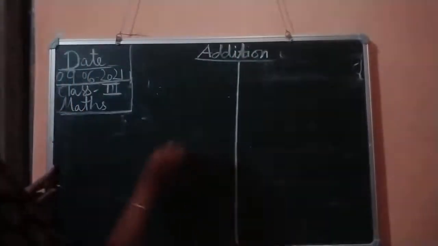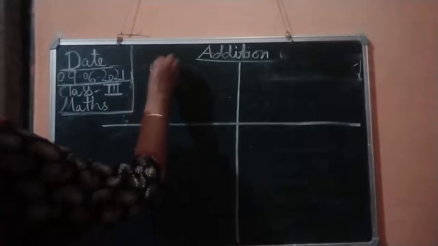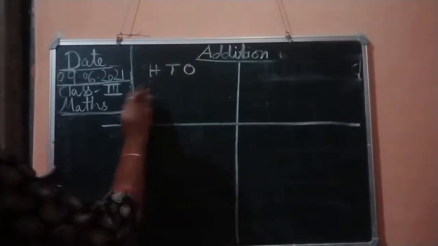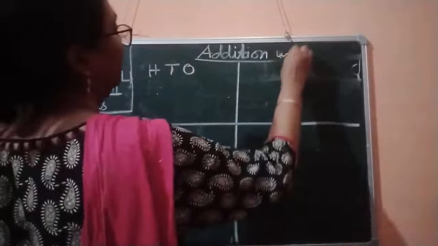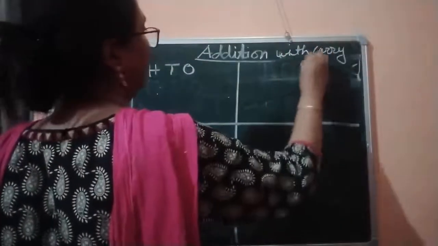So I am writing for homework. You just write it down in your copy. This is 3-digit addition with carryover. Okay? So practice it at your home.